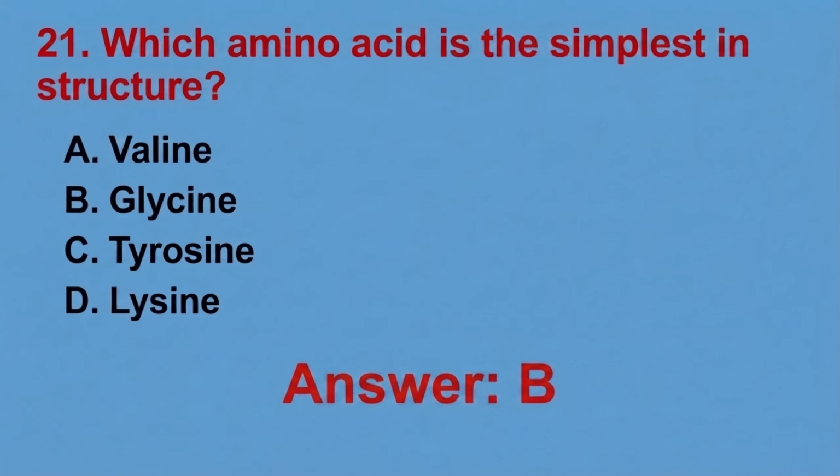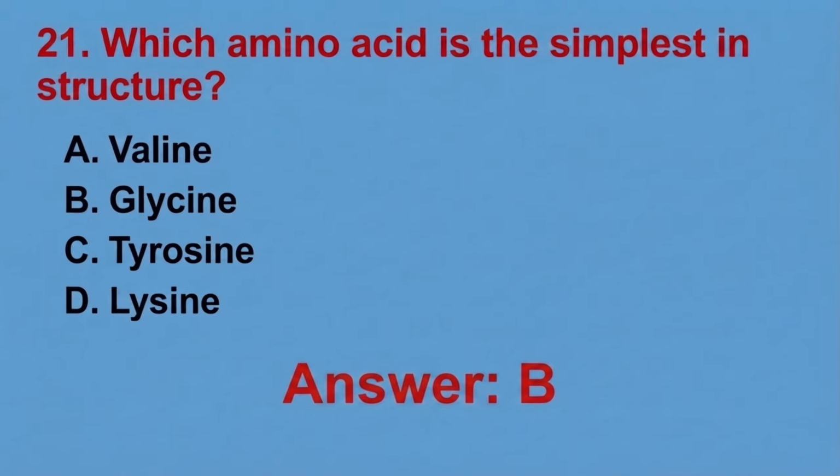Why is option D wrong? Lysine is a basic amino acid with a long positively charged side chain, making it larger than glycine.